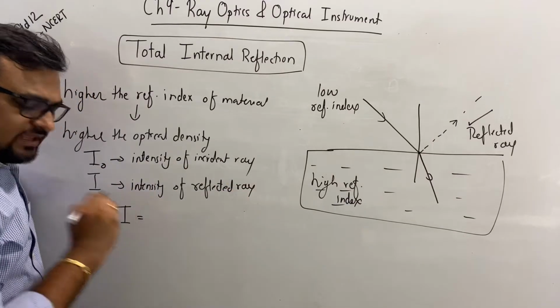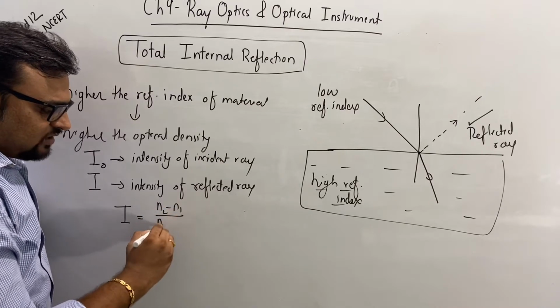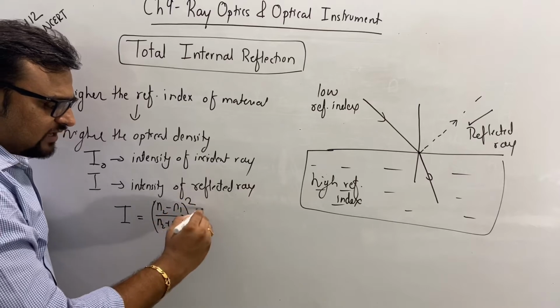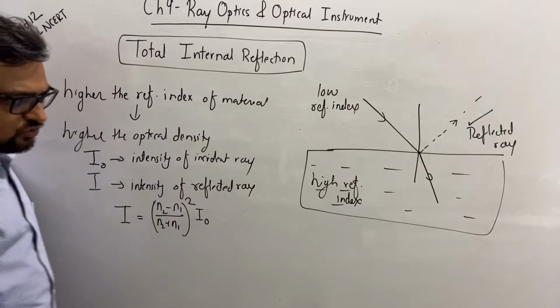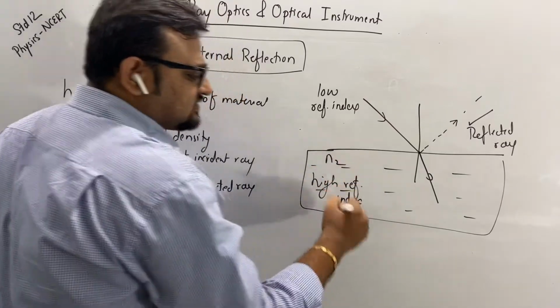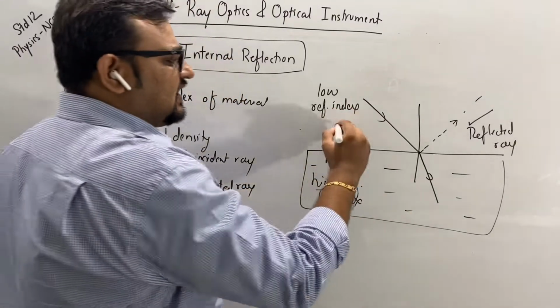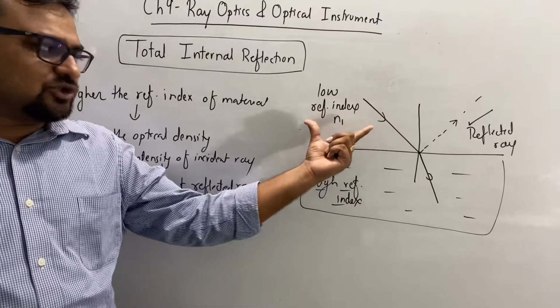Then I will be equal to ((n2 minus n1) upon (n2 plus n1)) whole square into I0. Where N2 is the refractive index of water, or the higher refractive index, and N1 is the refractive index of air, that is the lower refractive index.